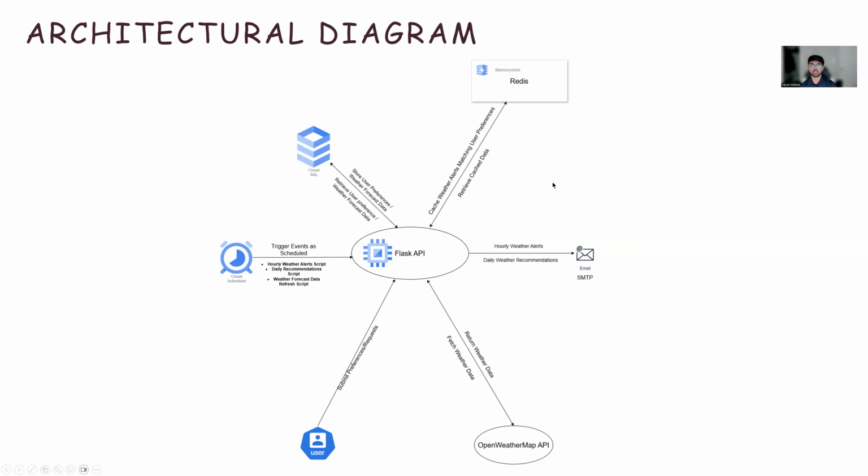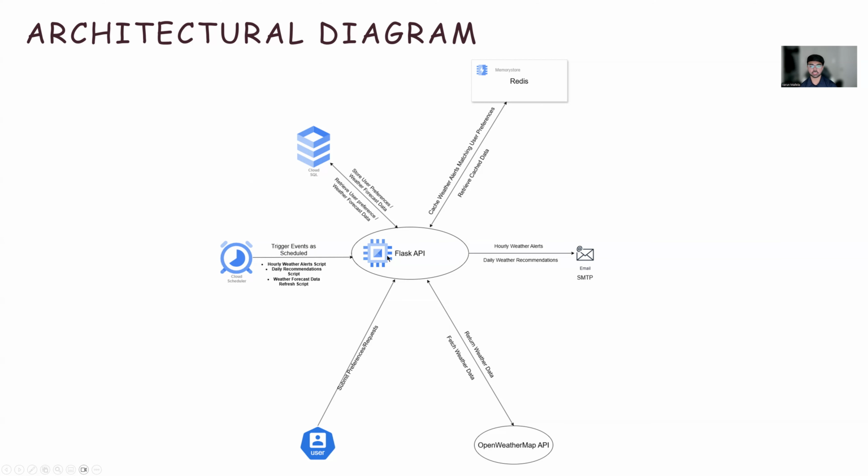Now, this is the overall architecture diagram of my project. We can see that I have deployed my Flask API in a Google Cloud E2 micro instance. Initially, the user first submits the preferences. Then the Flask API receives the request, and based on the schedule time, the scripts are run automatically.